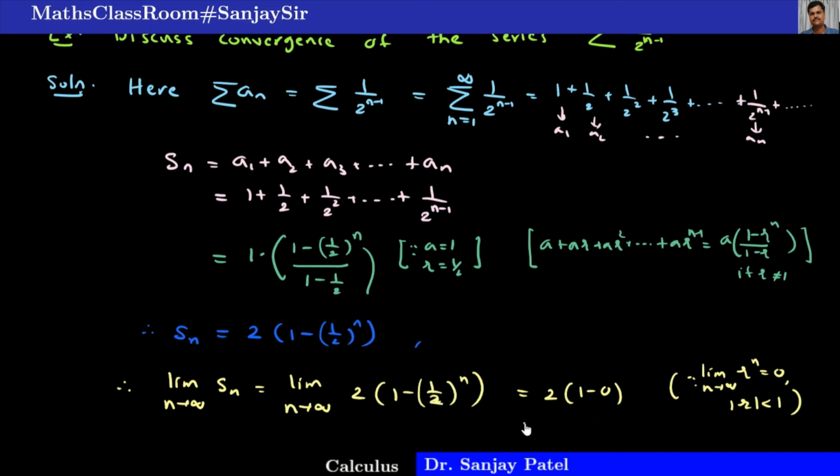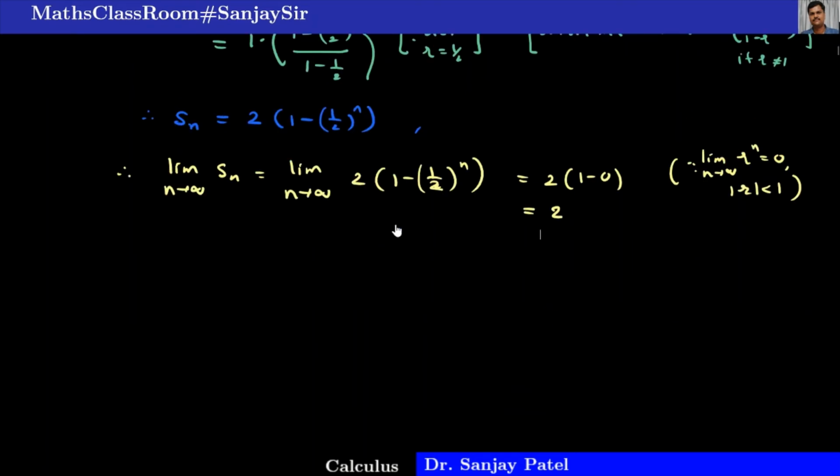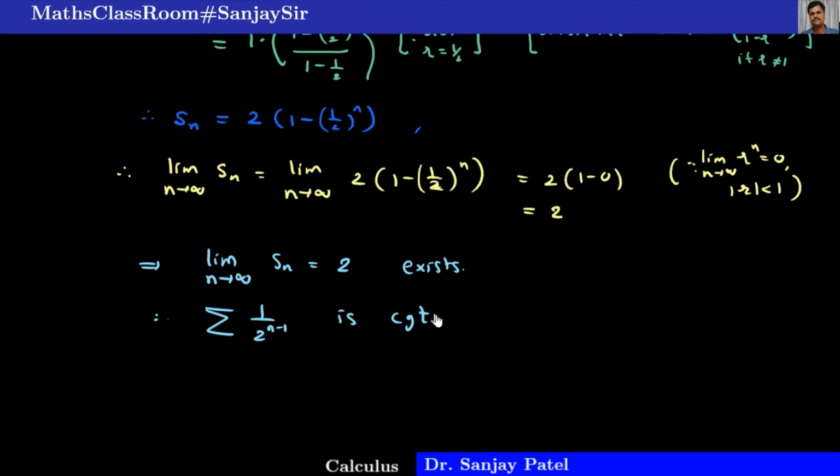So what we are left with is 2. The limit as n tends to infinity of Sn exists and it is equal to 2. This limit exists, and therefore the given series, sigma 1 upon 2 raised to n minus 1, is a convergent series.